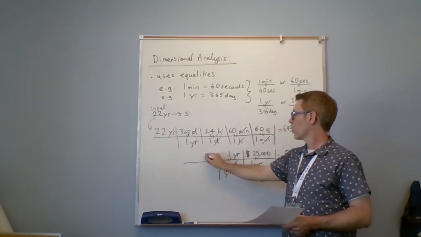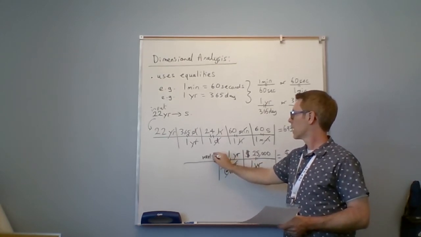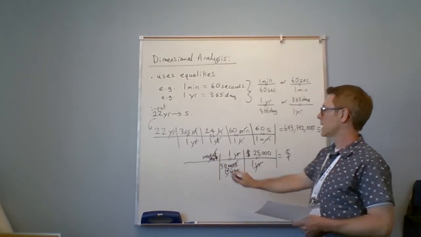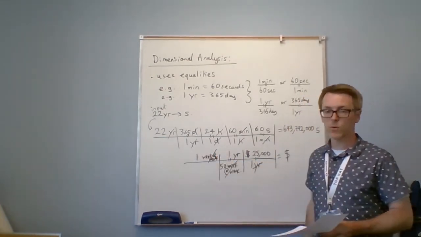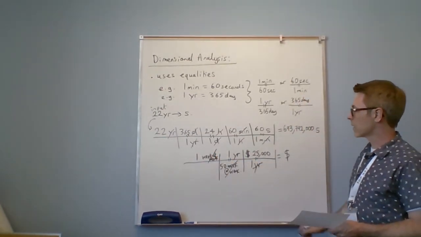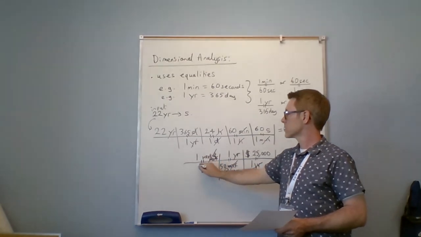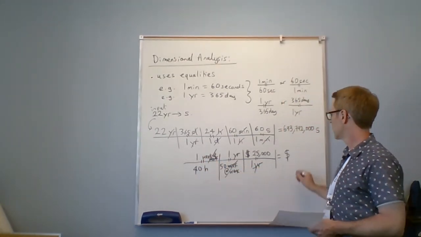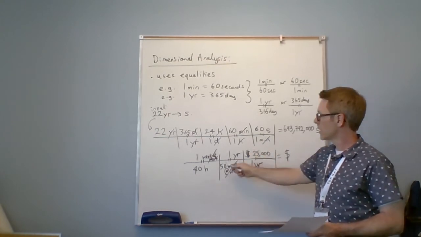So we've got week at work, cancelled up here. And let's say on average, although most of us work a lot more, 1 week at work is equal to 40 hours. So I'm going to have dollar per hour.